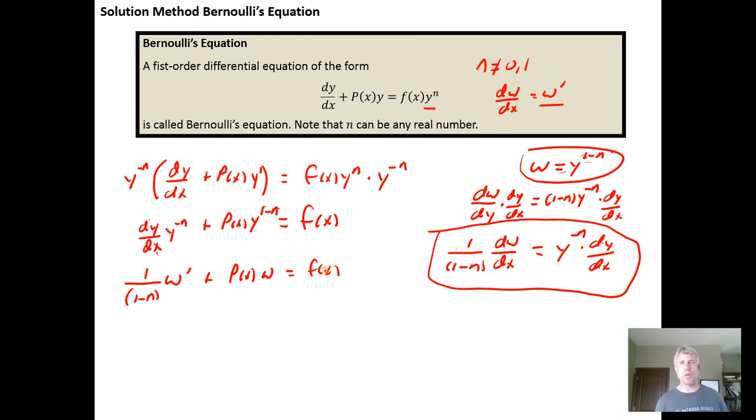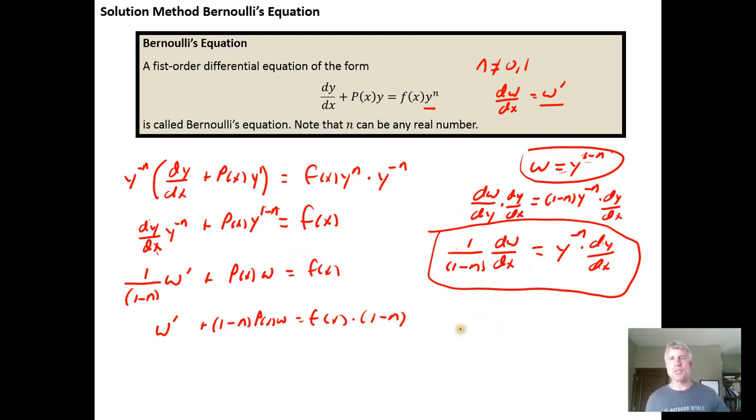So at this point, I've linearized this. I can multiply through by 1 minus n, which will give me w prime plus 1 minus n times p of x times w equals f of x times 1 minus n.